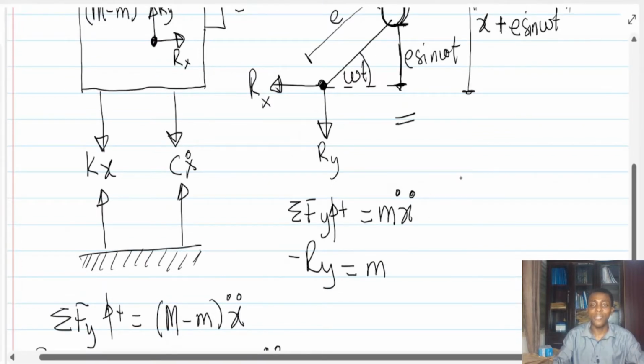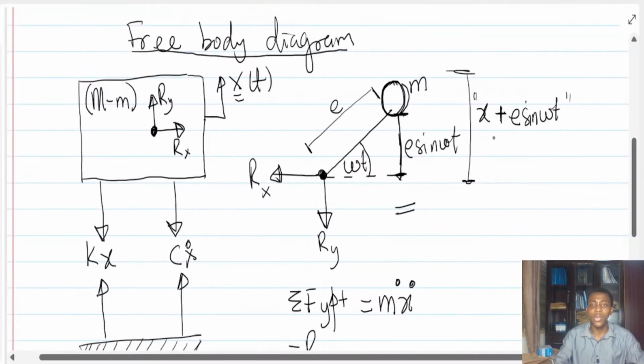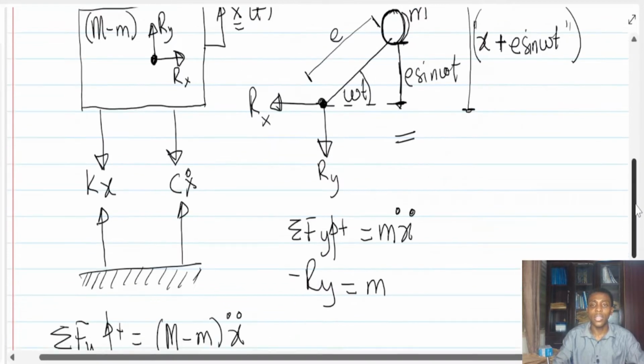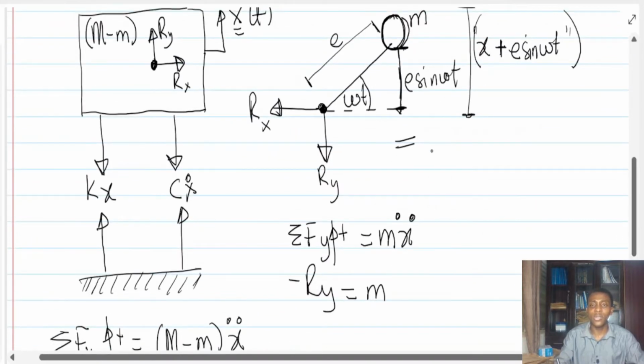But what is the acceleration? In fact, if we want the acceleration, we need to differentiate this total displacement here. So let me call this the total displacement. The xt, the total displacement, as a function of time, is x plus e sine omega t. Now we want the double derivative. The first derivative: if I differentiate x, I get x dot.